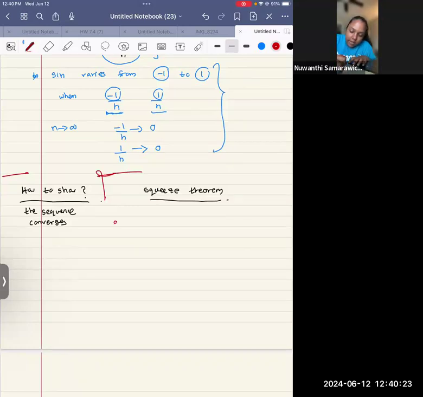The basic idea is that three functions are given. This is your basic function.